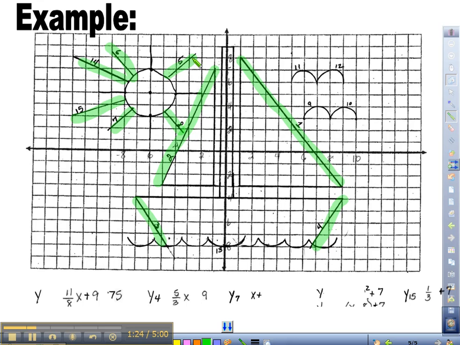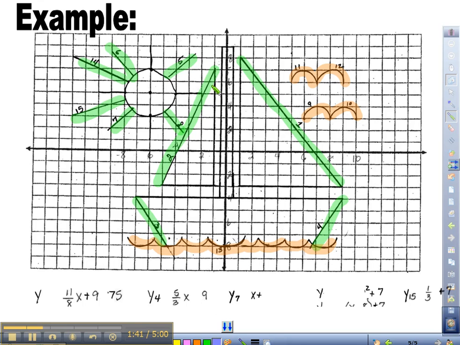I've got my 10 linears that have either a positive or negative slope. On my quadratics, I've got 1, 2, 3, 4, 5, 6, 7, 8, 9, 10, 11, 12.